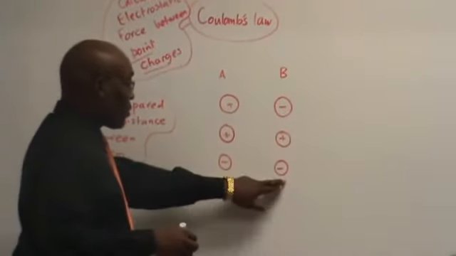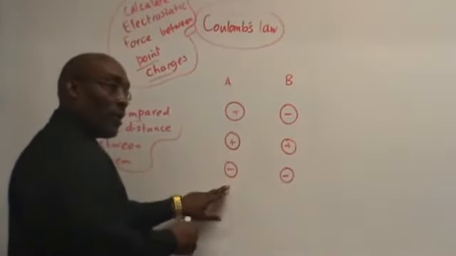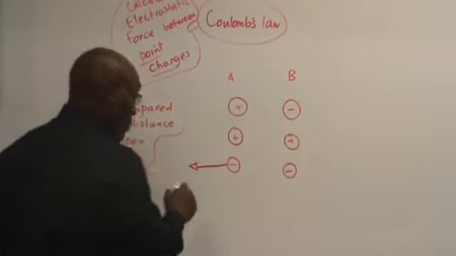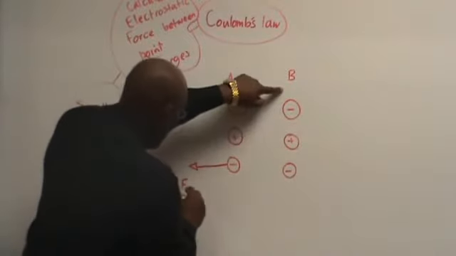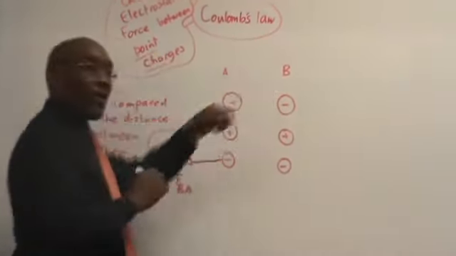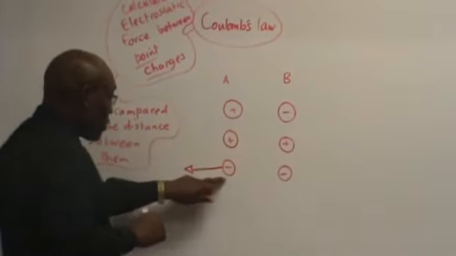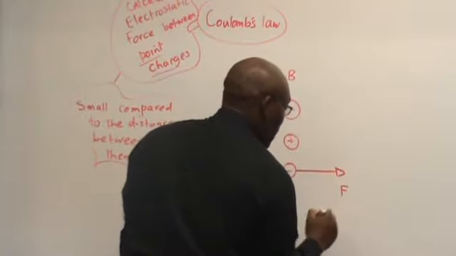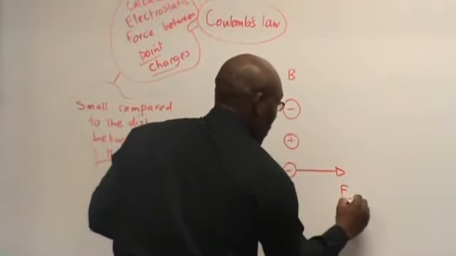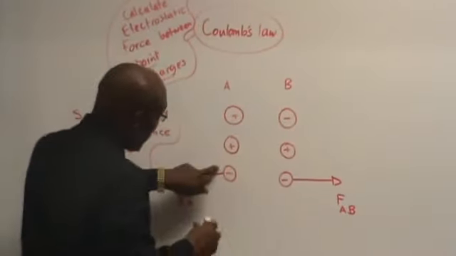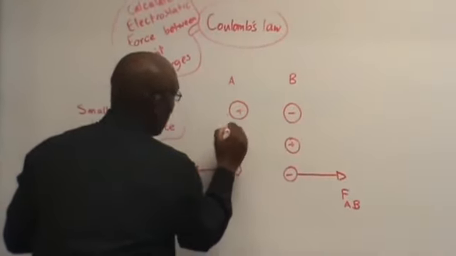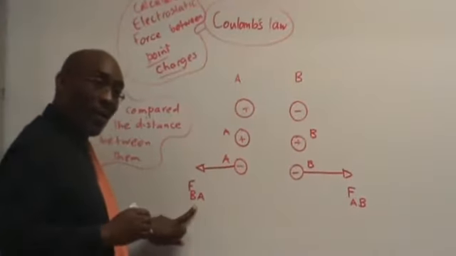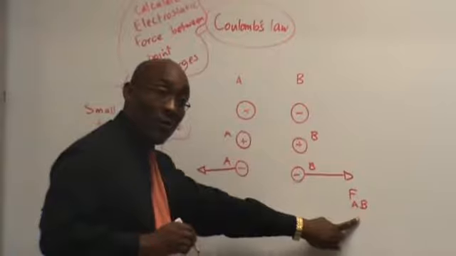Let's see. This charge would repel this charge, right? So it would exert a force on this charge that points this way. We would call this the force of B on A. And this charge would exert the same force on this charge, the force of A on B. You follow me?